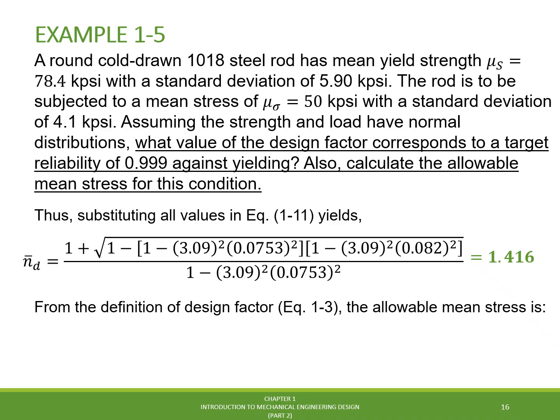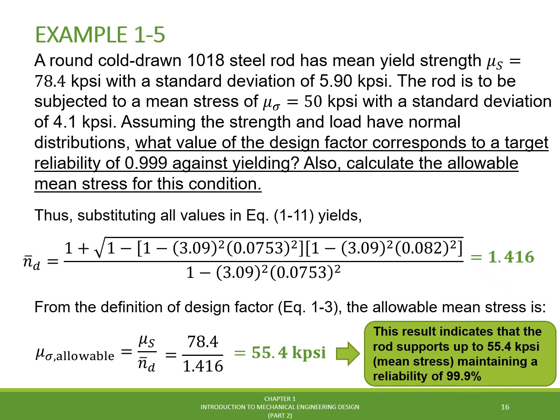That gives us how to calculate the mean stress if we have the design factor and the strength of the material. So in this case, since we are using reliability analysis, we're going to be calculating the mean stress based on the mean strength and the mean design factor we just calculated. Plugging in all the numbers, we get that the mean allowable stress for this condition is 55.4 kpsi.